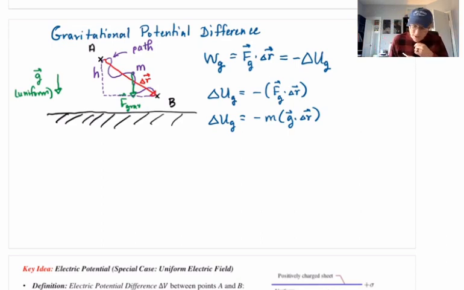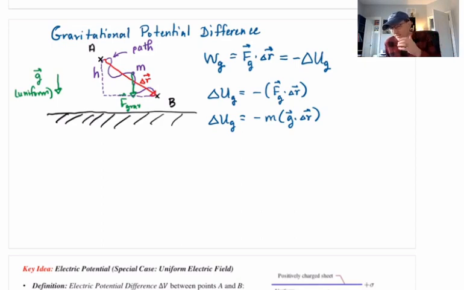Now that's a dot product, g dot delta r, where g, of course, points vertically down, as we know. And we could use that formula to calculate the change in the gravitational potential energy. In this particular case, it would just end up being negative mgh. Even for that complicated, windy path between A and B, it would still just end up being negative mgh. Gravitational potential energy got less because the particle got closer to Earth's center.